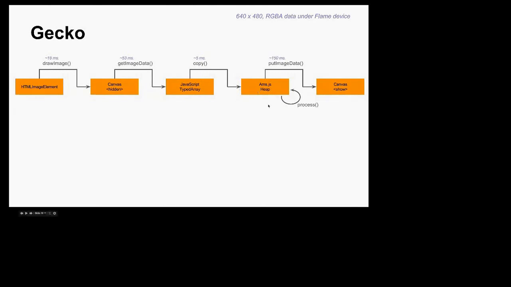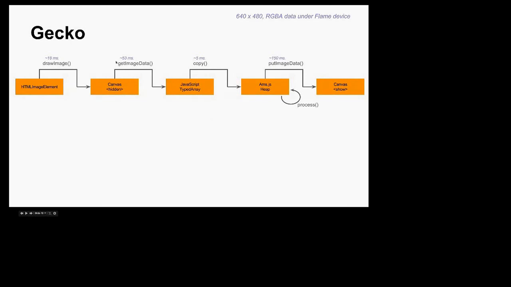Then after some processing, you might want to show the result on another canvas. So you need to put the raw data by putImageData into another canvas and show the result. So the skeleton here contains several redundant steps, and also the performance is very bad.